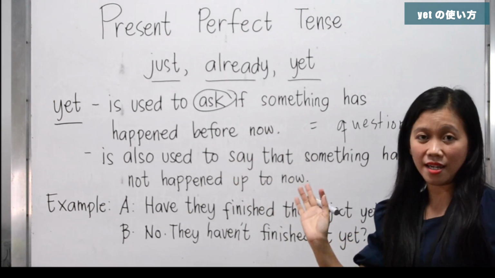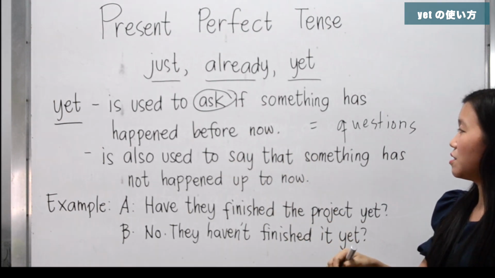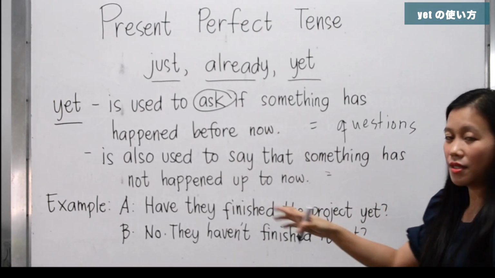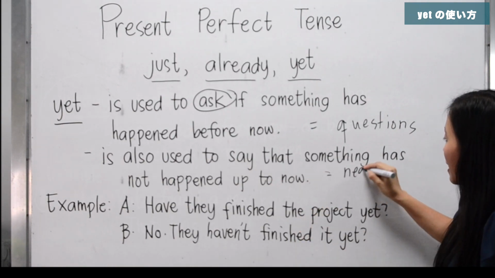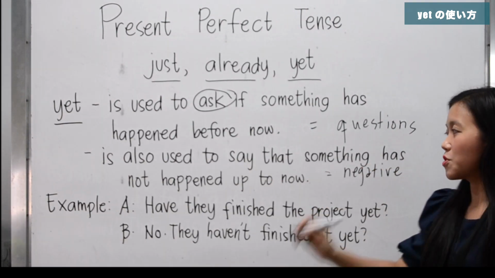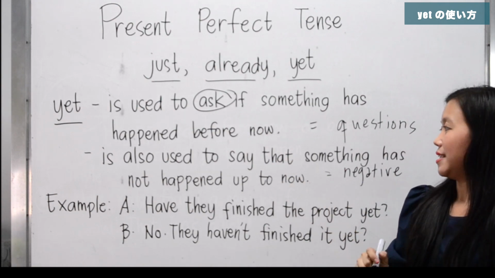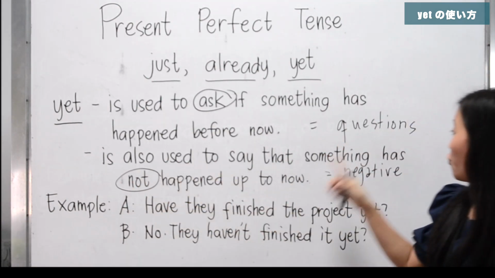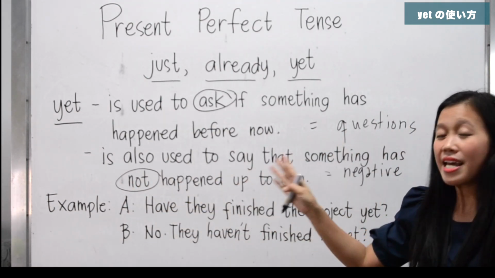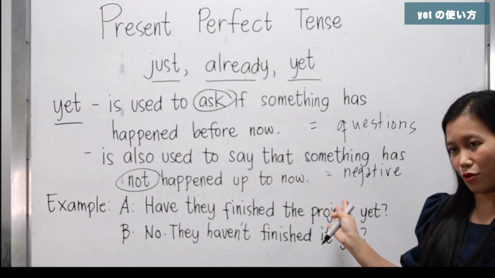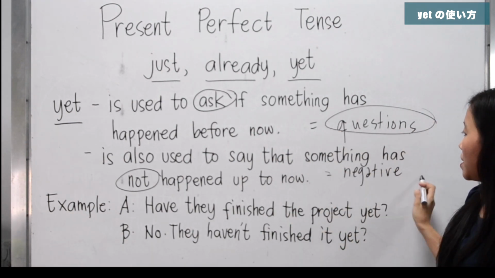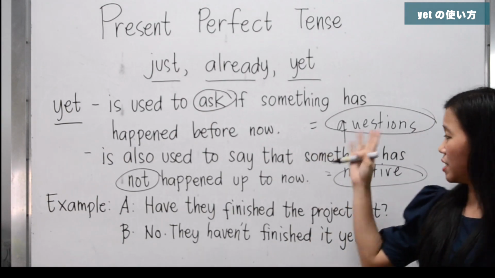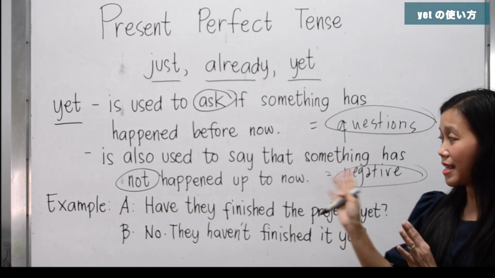And as I just said, for the second usage, we can use yet for negative statements or sentences, for something that has not happened up to now. Just remember these two keywords: questions and negative sentences.